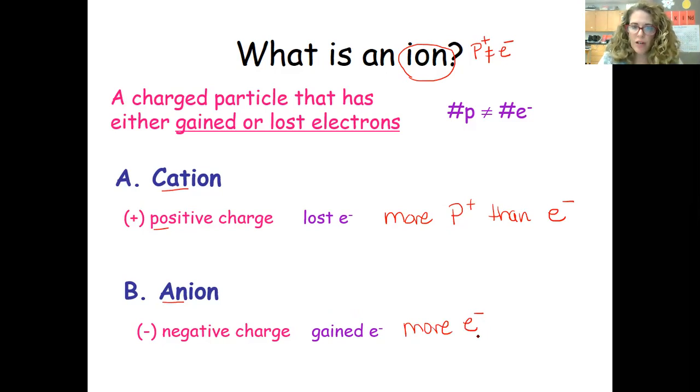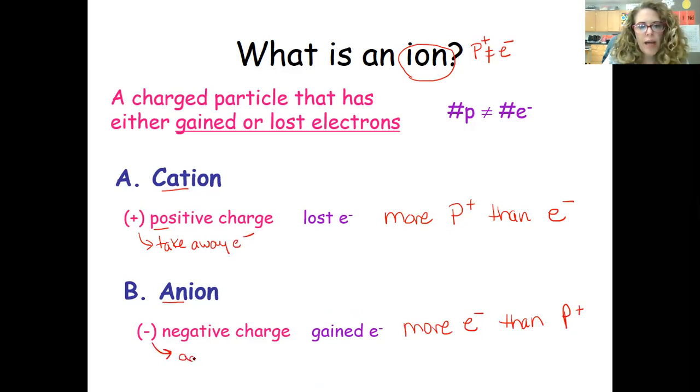Because you gained an electron. So more negative charge than protons, which are the positive charge. So if you see a positive, that means you take away electrons. If you see the negative, that means you add electrons, because electrons are negative and protons are positive.